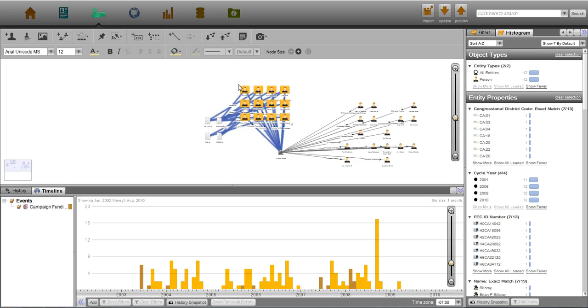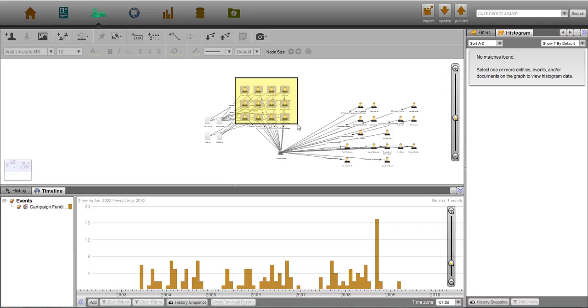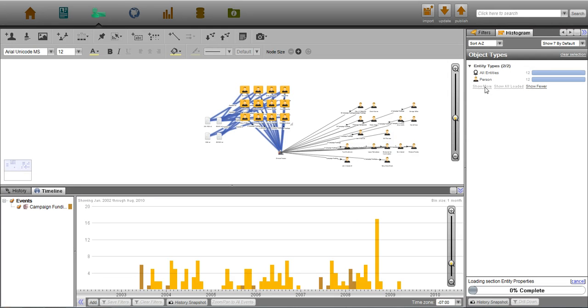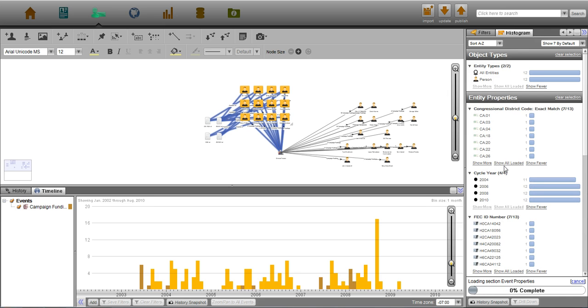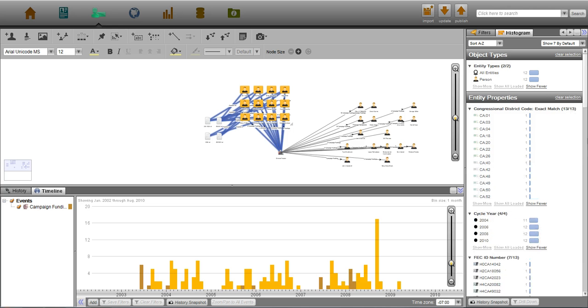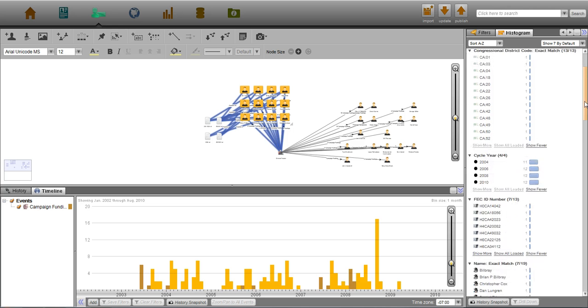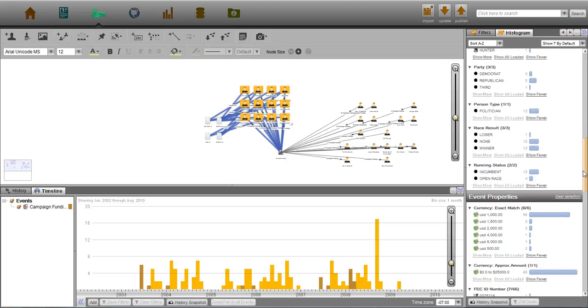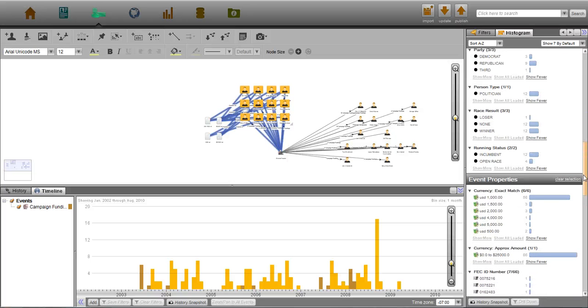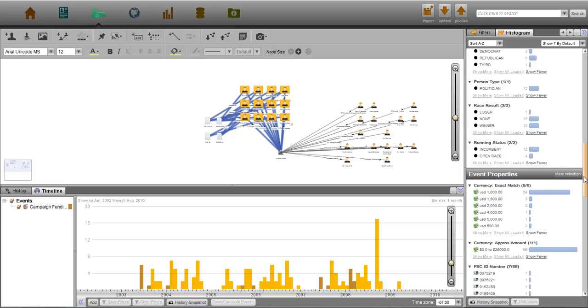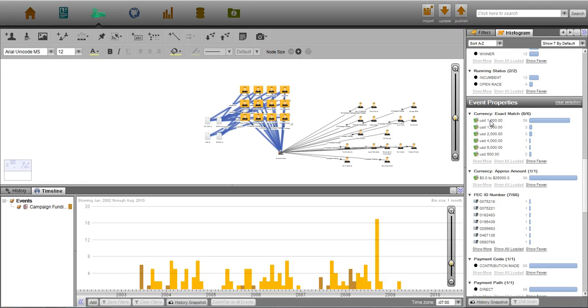So these 12 individuals were in support of these 4 pieces of legislation. Let's drill down on these individuals. So I can see the districts they're from. I can see the parties, so they're both Democrats and Republicans, and I can see the campaign contributions.